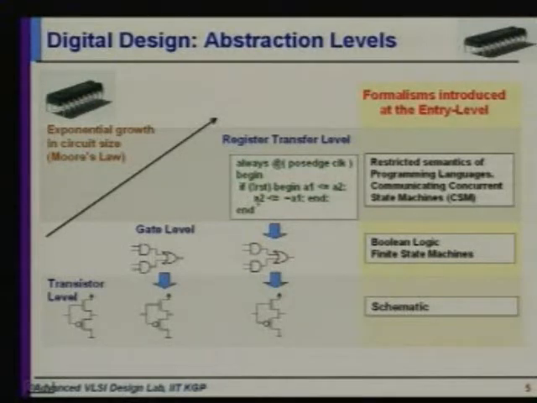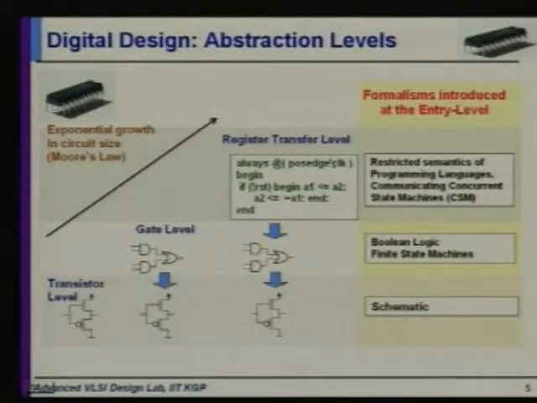If not reset, then we assign A2 to A1, and otherwise we assign A2 to A1 and then assign not of A1 to A2. So, this is what it does at every positive edge of the clock. This is a very primitive form of Verilog code. You will learn more of the Verilog during this course.